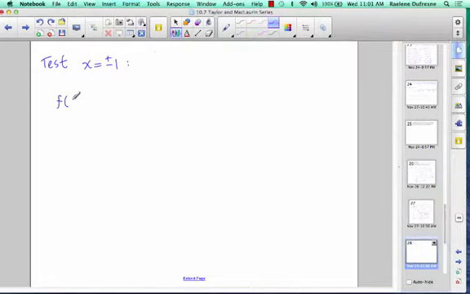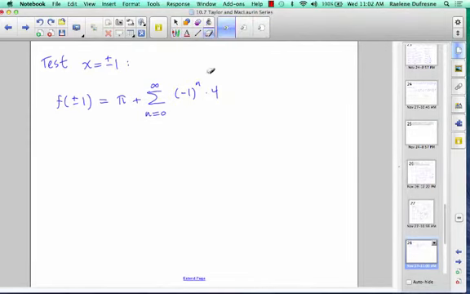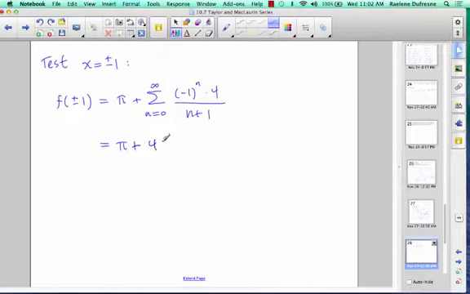We have that f of plus or minus 1 is equal to pi plus the series, the sum from n equals 0 to infinity of negative 1 to the n times 4 times plus or minus 1 squared, which is going to be plus or minus 1, divided by n plus 1. That is pi plus 4 times the sum from n equals 0 to infinity of negative 1 to the n over n plus 1.